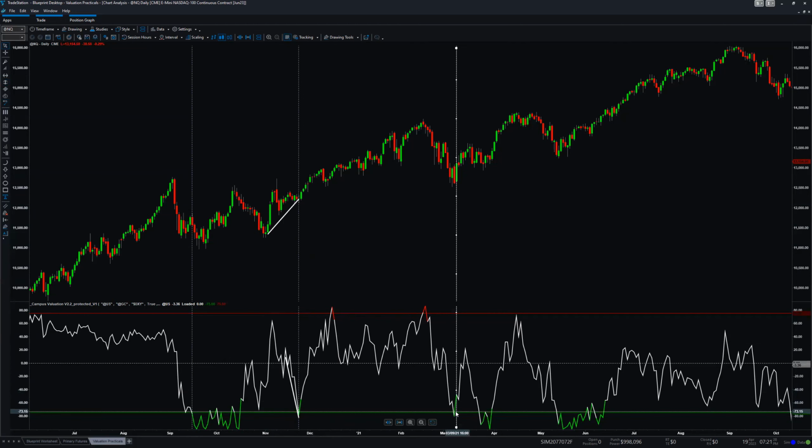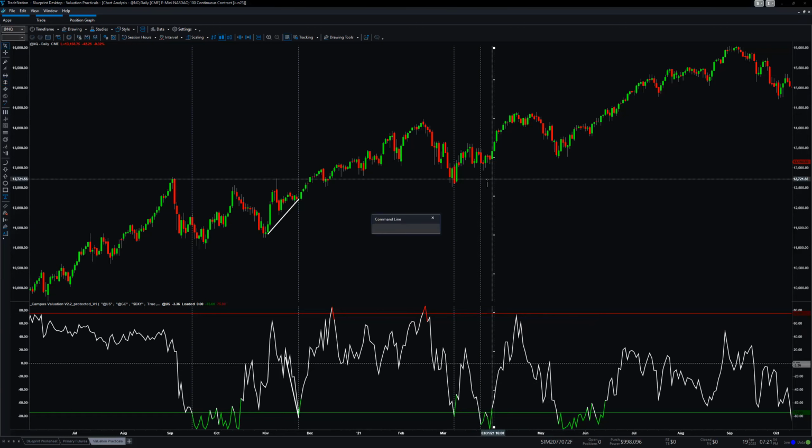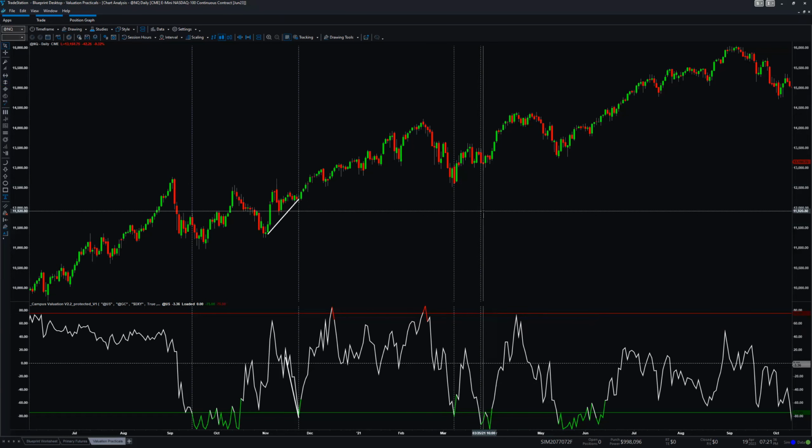Within that uptrend, undervalued, rally. Here again, we get that rare setup where price is rallying but we're getting undervalued again, right?